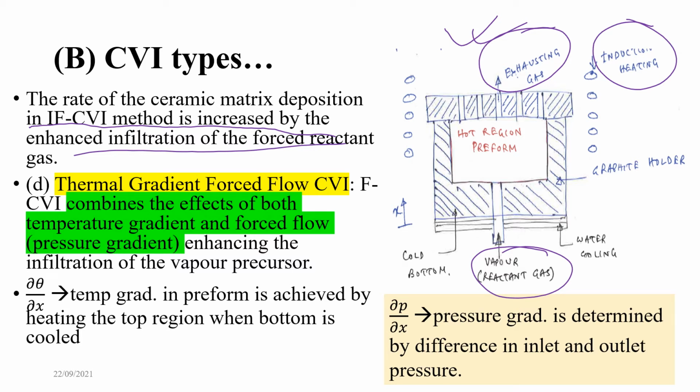If you assume this as the axis X, along this there is a temperature gradient. Why? Because as it is moving from bottom to top, from cold to hot region, there is a temperature gradient, and it is a forced flow, which means there is a pressure gradient determined by the inlet and outlet pressure. So this is the FCVI method.